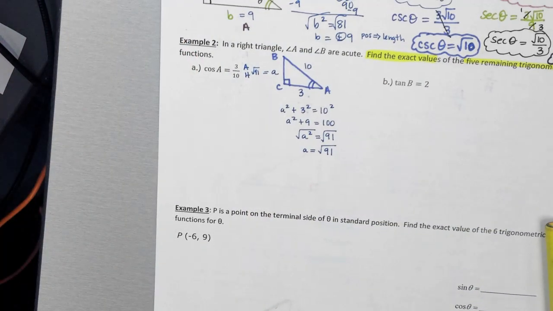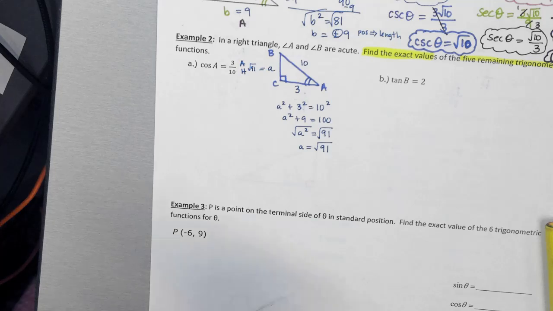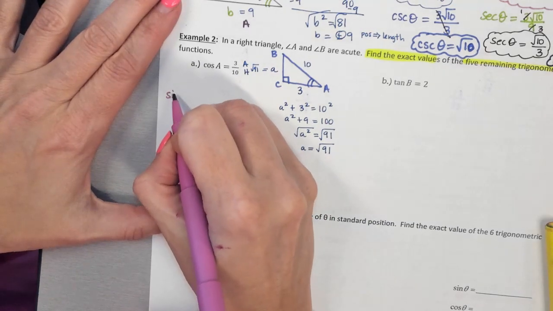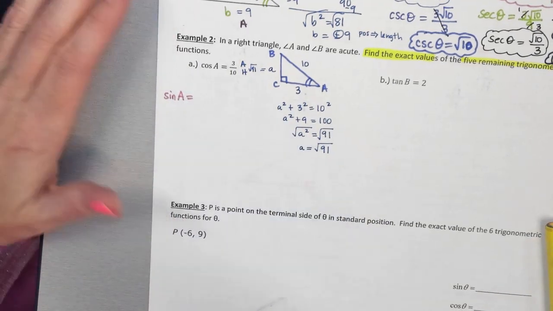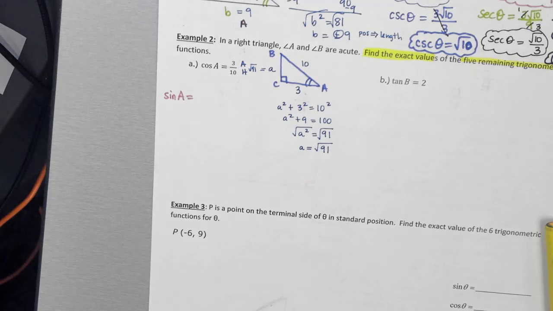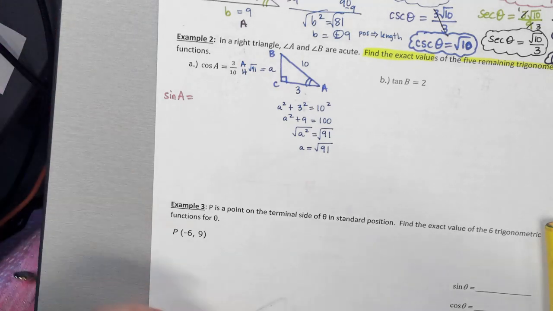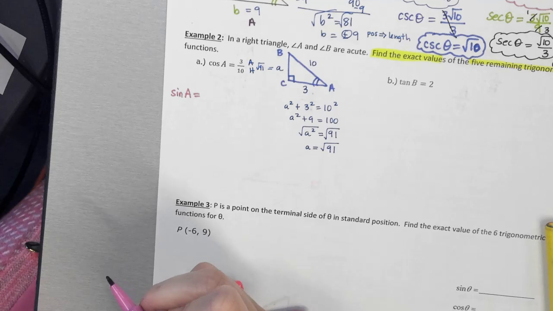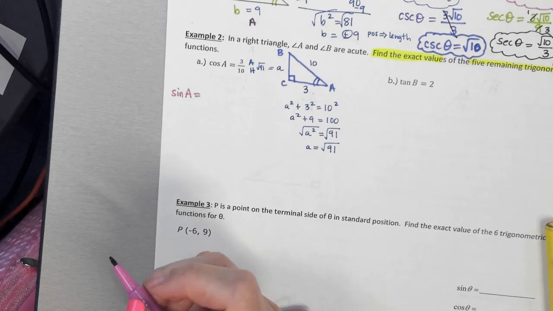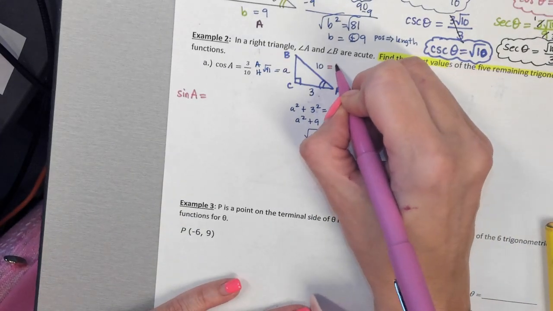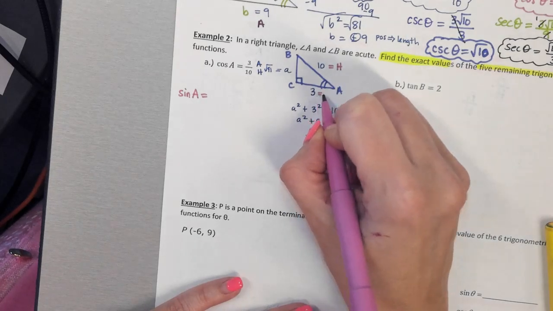So now I can find my sine, and this time it's of A. Everything is going to be in terms of A. Remember, sine is the opposite over the hypotenuse.